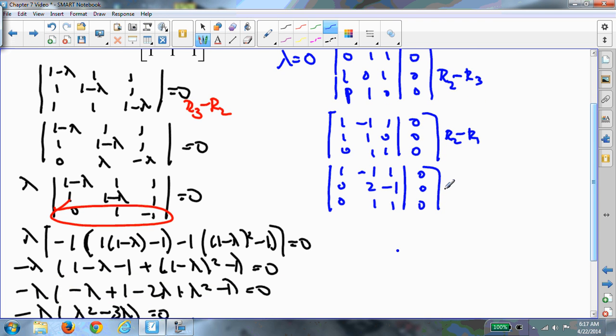I'll do row 2 minus 2 row 3, and row 1 plus row 3. So 1, 0, 2, 0, 0, 0, negative 3, 0, 0, 1, 1, 0.